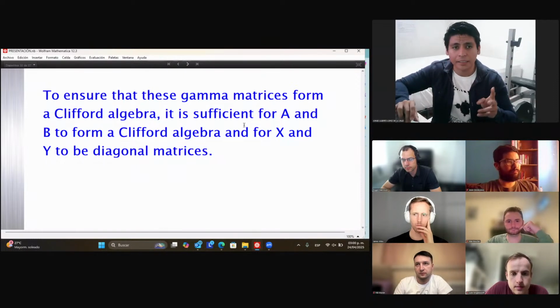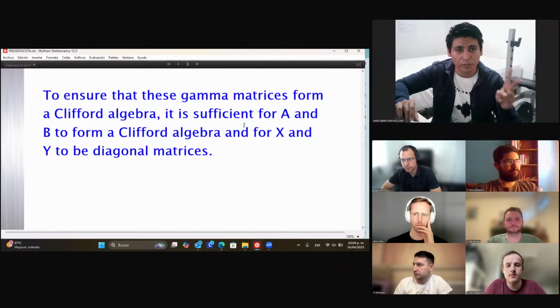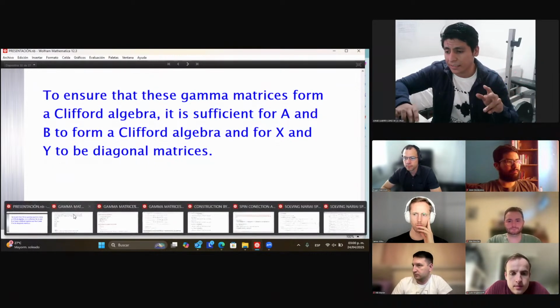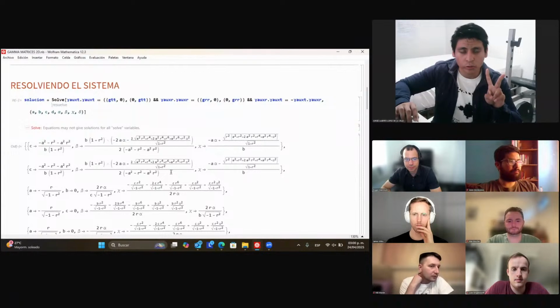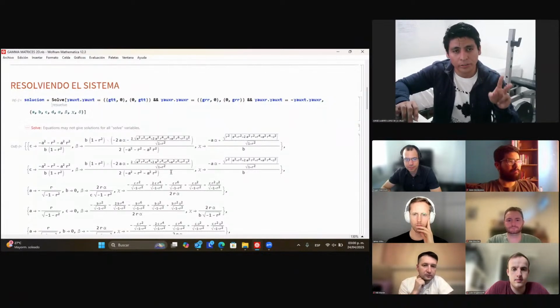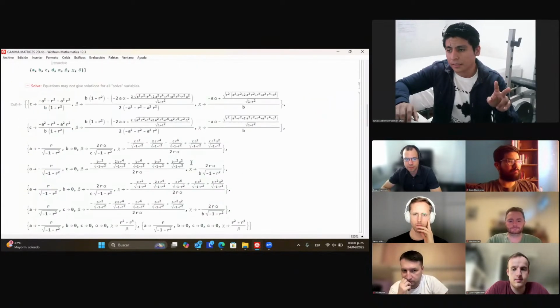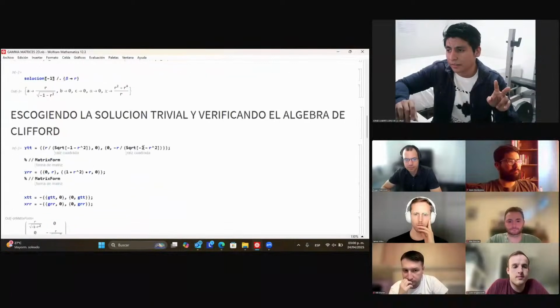I just need 2 gamma matrices in 2 dimensions that satisfy the Clifford condition to solve the problem in 4 dimensions. And that is just what I have here. Here I have my solution: 2 by 2 matrices that satisfy the Clifford condition.